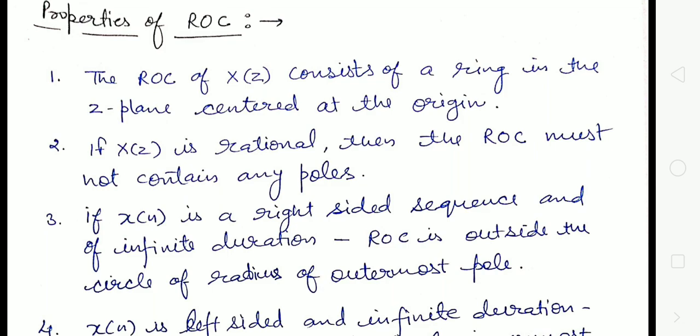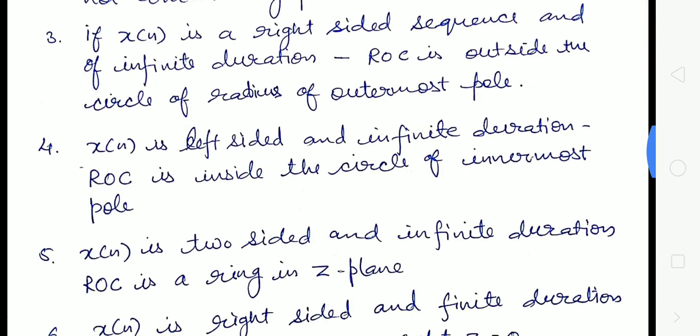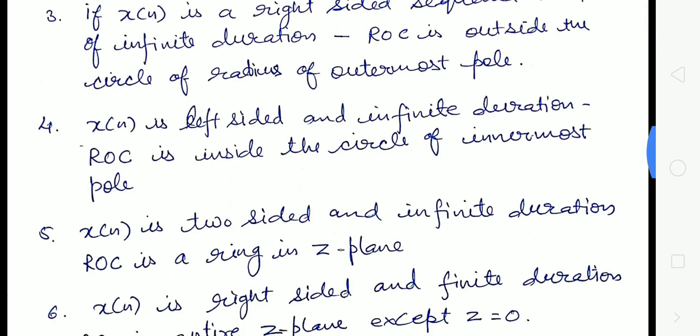So these are some properties of ROC. We have already discussed that the ROC of X(z) consists of a ring in the z plane centered at the origin. If X(z) is rational, then the ROC must not contain any pole. Now these are the three properties which we will also see in pictorial form. If x(n) is right sided and of infinite duration, then ROC is outside the circle of the radius of the outermost pole.